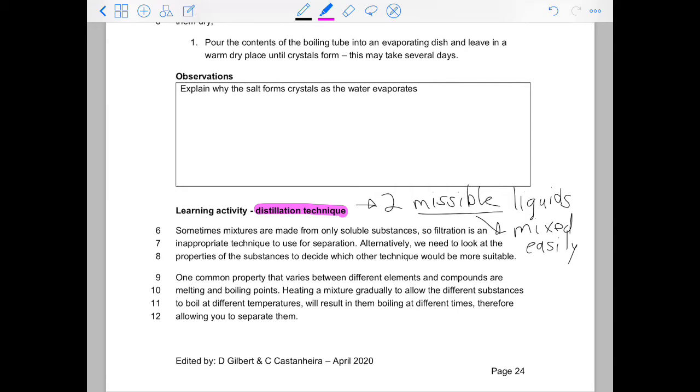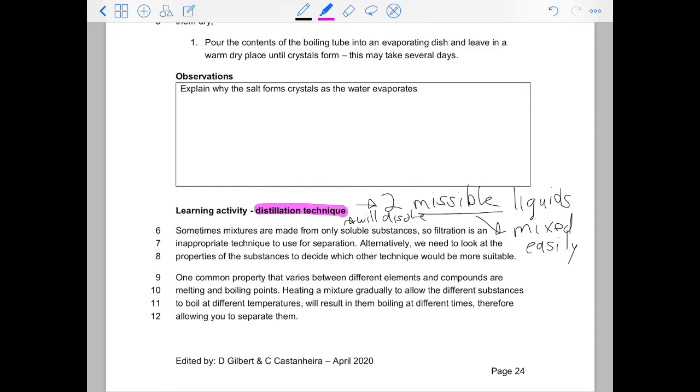So, if, for example, your mixture is made from only soluble substances, soluble meaning, remember, that they will dissolve, you can't do filtration. So we need to use a different property that we could use to separate it.